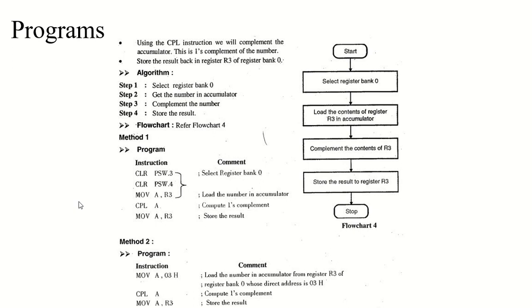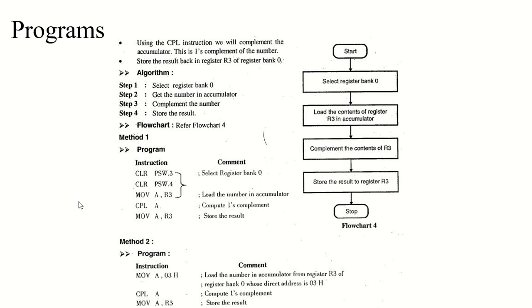So what would be the first method, if you ask me? First you will select the register bank. For selection of register bank 0, we have to use clear twice: clear PSW.3 and clear PSW.4. Before going there, just see the flow chart. Simple.